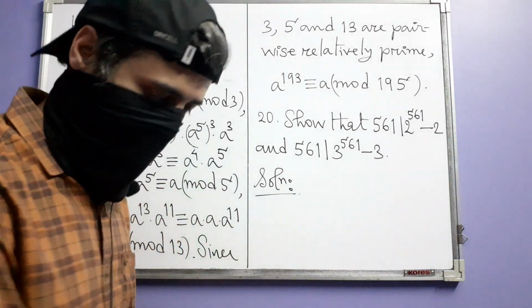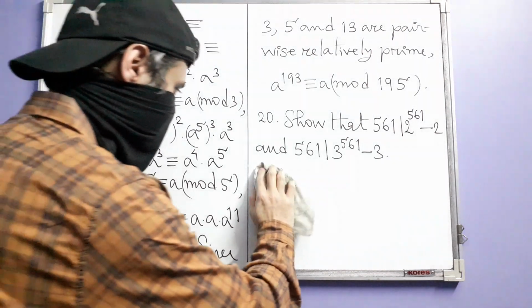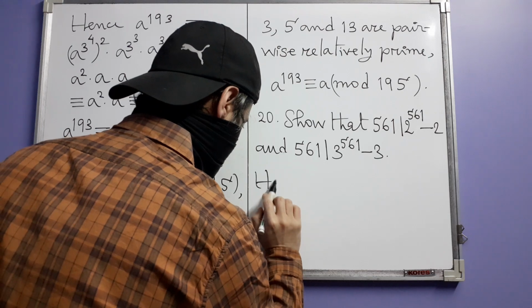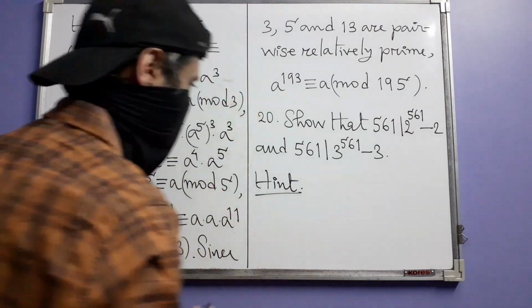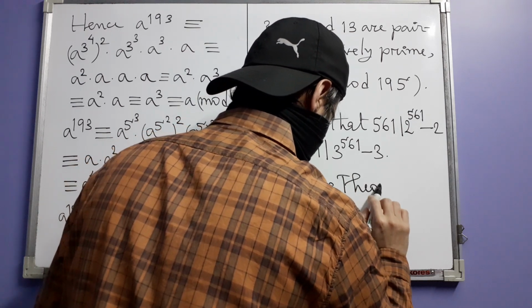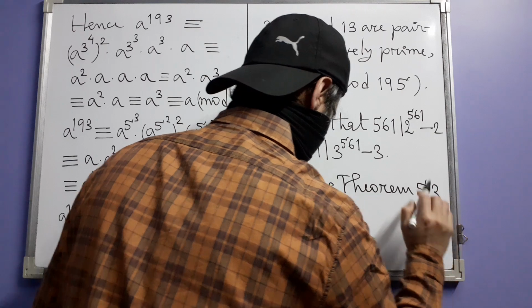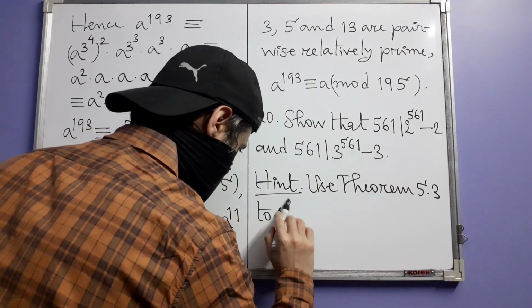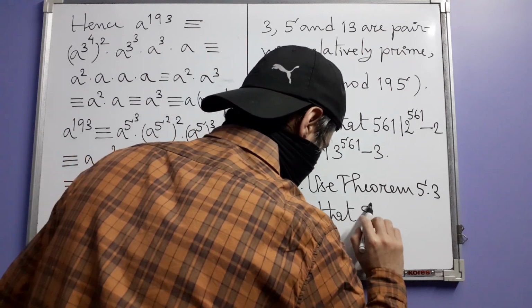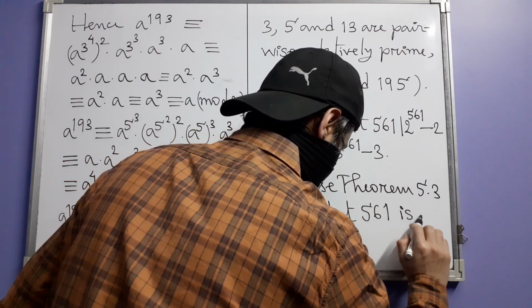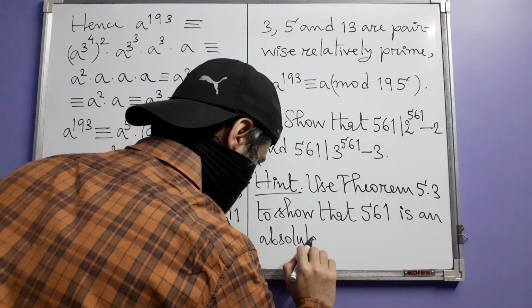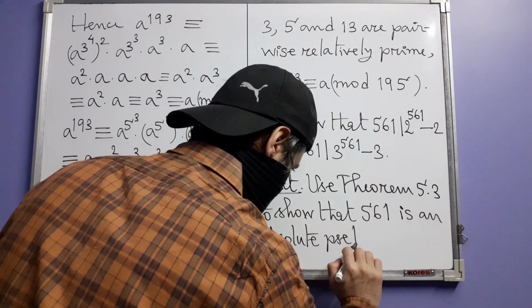So, more than actually I should not write solution, but this is a hint. Use theorem 5.3 to show that 561 is an absolute pseudoprime.